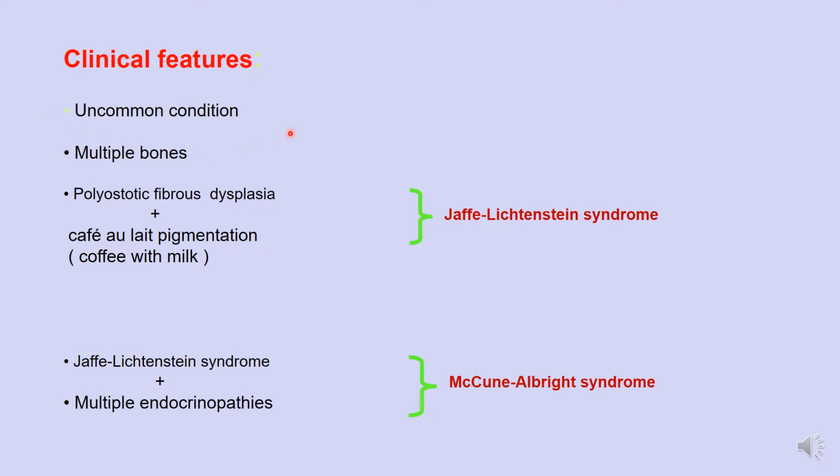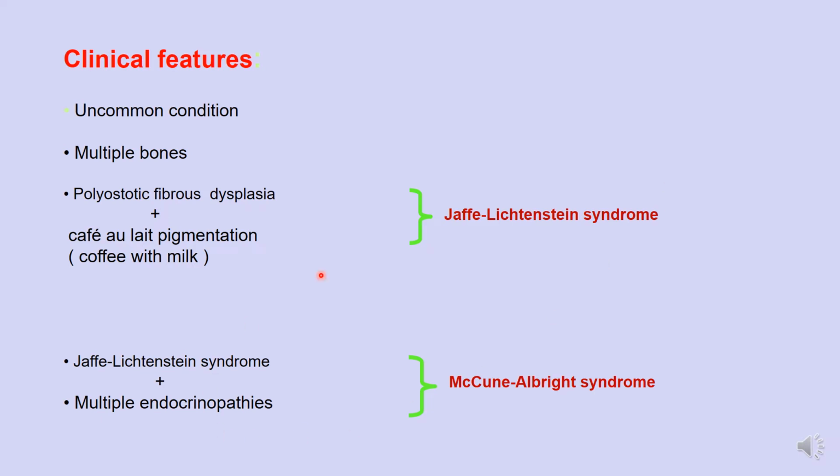So, first of all, polyostotic fibrous dysplasia is not very common, right? As you're aware, it affects multiple bones. Now, when you see fibrous dysplasia affecting multiple bones, plus there is cafe au lait pigmentation, the pigmentation which is described as coffee with milk, and when you see these skin lesions in association with polyostotic fibrous dysplasia, then it is described as Jaffe-Lichtenstein syndrome.